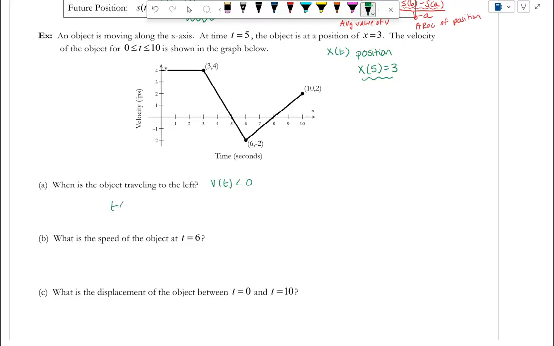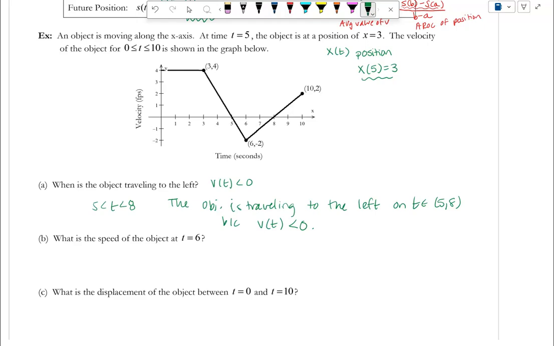I could say t is greater than 5 but less than 8, or I could say the interval from 5 to 8. So the object is traveling to the left on the interval 5 to 8 because velocity, v of t, is negative. Velocity is less than 0.